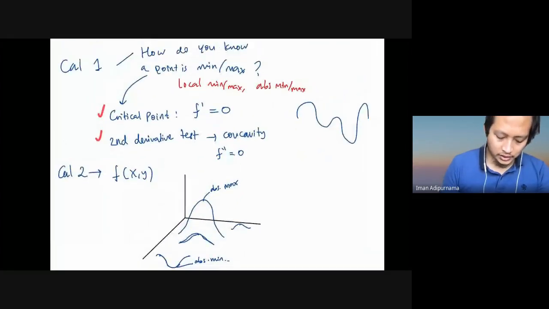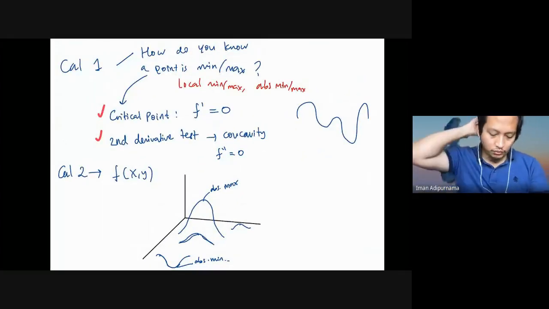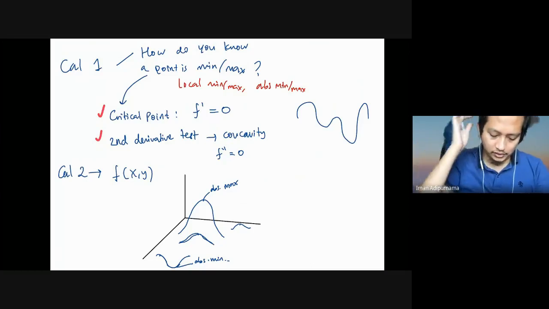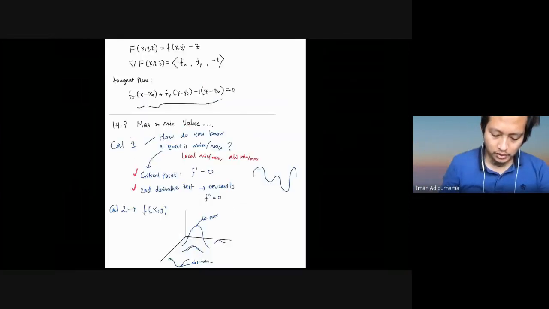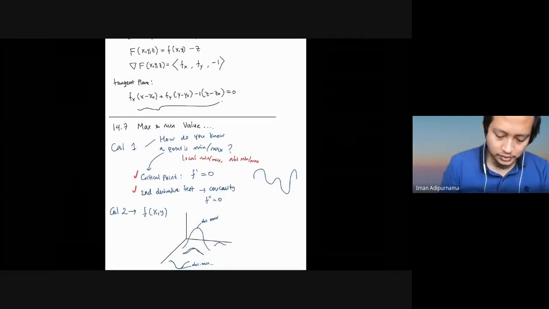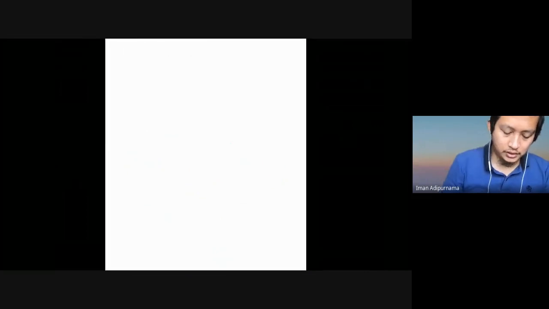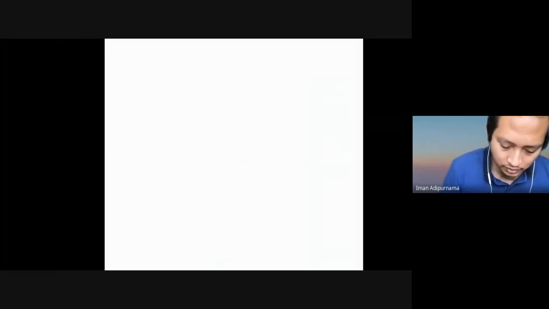Okay, this is an example of how we are going to look at some graphs.